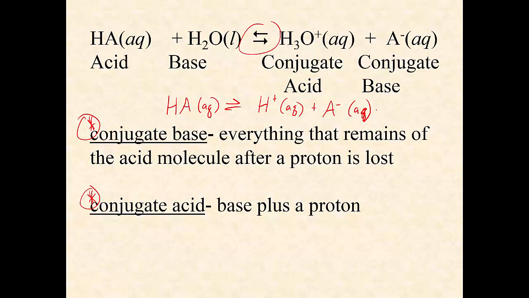So the conjugate base then is the partner to a weak acid. A conjugate base is formed when the acid loses the proton. The conjugate acid then is the partner with the base, and it is what is formed when that base gains the proton.